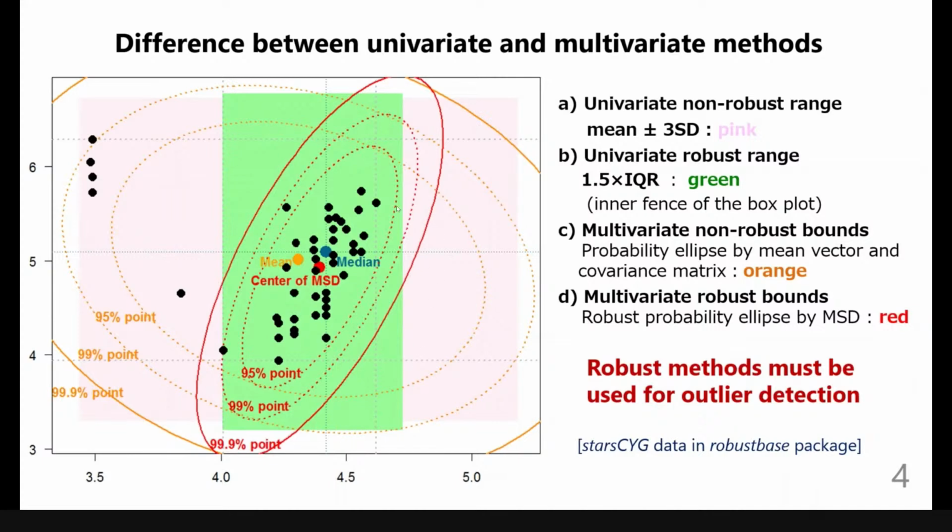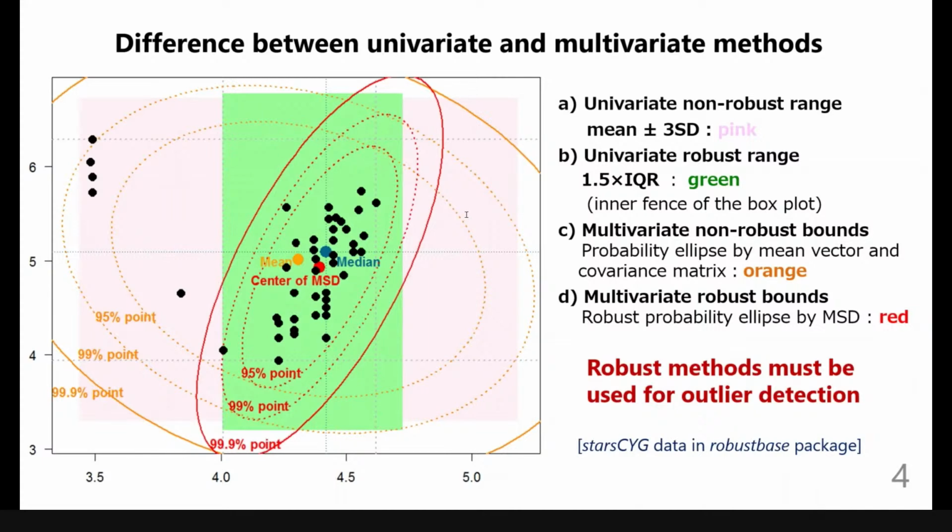As for multivariate methods, we can draw probability ellipses using the mean vector and the covariance matrix. It is shown in orange lines here. It's not robust, the same as the range made by univariate mean and standard deviation. The red probability ellipses are drawn by MSD. The method conducts robust estimation of a mean vector and the covariance matrix.